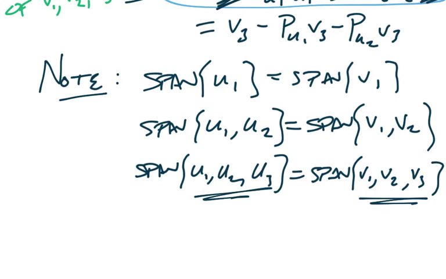But if this were a dimension 4 space, doing this same procedure, I could still guarantee the same thing about these first 3 vectors. And this is what I'm going to do on the next page when we make this fully general.